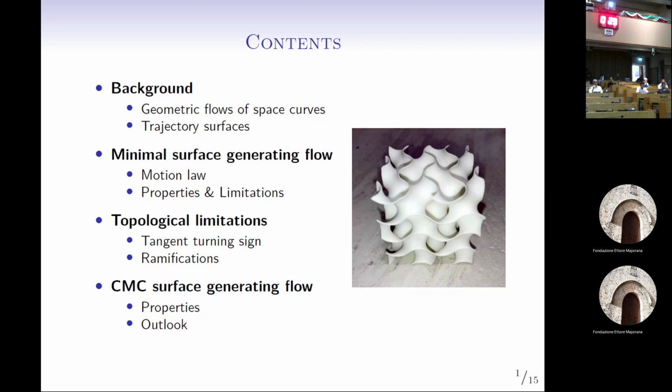So I will first briefly discuss some of the background that I just listed. Then we will talk about one way to generate such surfaces and about its properties and limitations. Specifically, I will talk about some topological limitations to make this talk more appropriate for this conference.